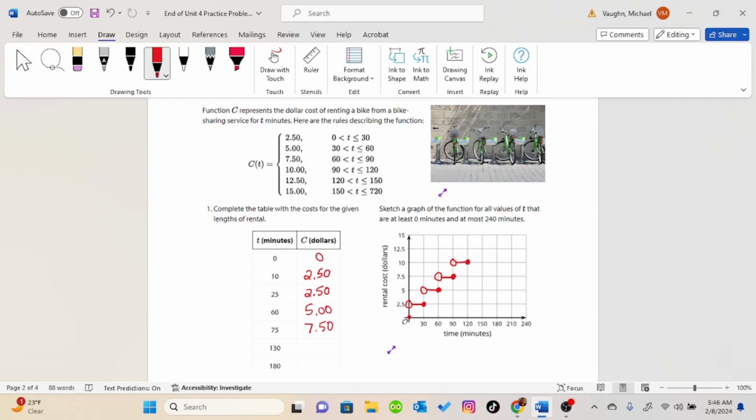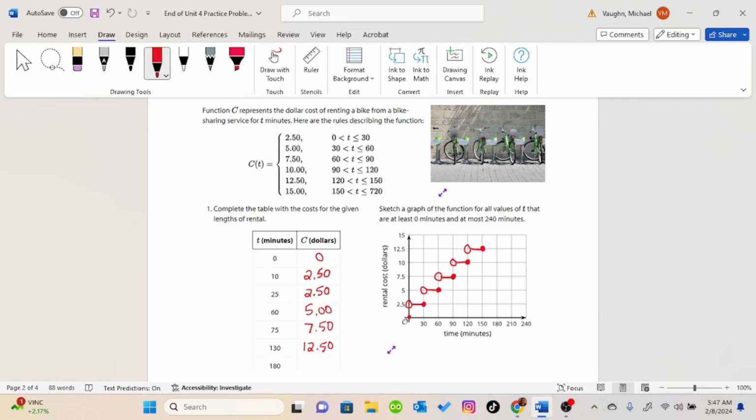That is between 120 and 150, so the cost would be $12.50. On this one, 120 is only less than t, so it is not included. So we have an empty point. And then t is less than or equal to 150, so that point is included. And we draw the line connecting.